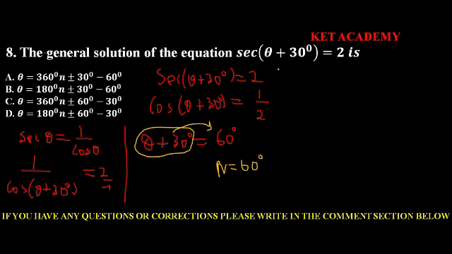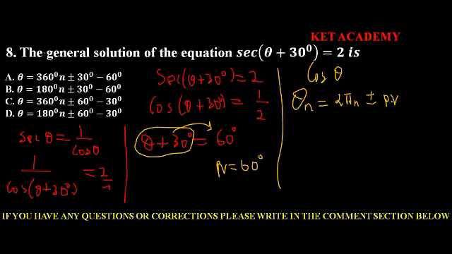Since we're dealing with cos, the general solution for cos theta is theta n to be equal to 2 pi n plus or minus PV. The PV here is the principal value, and our principal value here is 60.